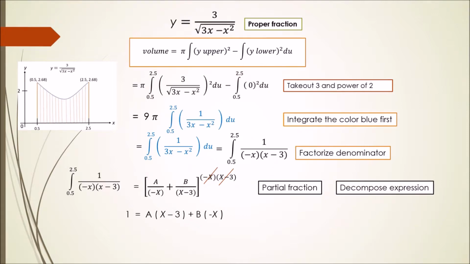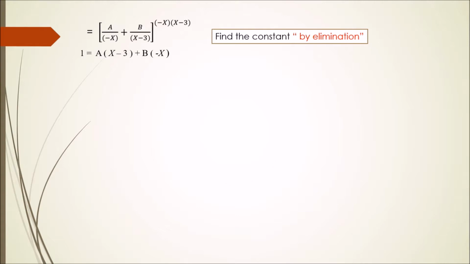Decompose the expression and then you must clear the fractions. Also, we must find the constants. To make it clear, write back the equation and then find the constants by using elimination.